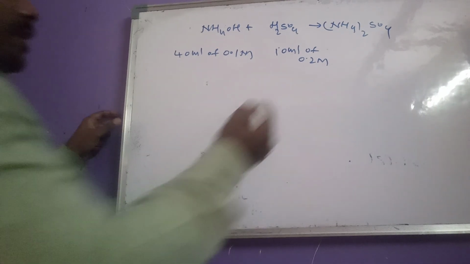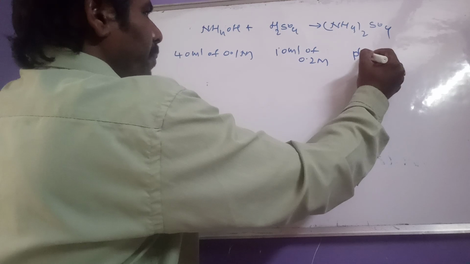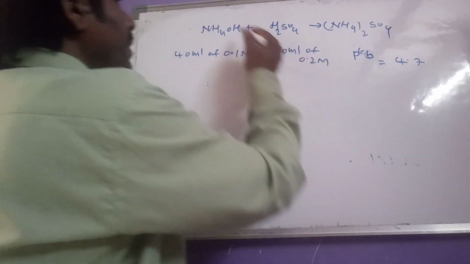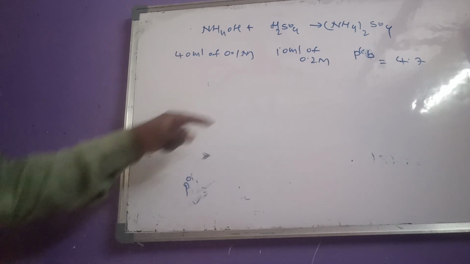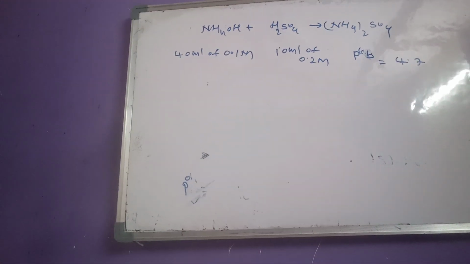Now for example, if pKb value is 4.7 for NH4OH, what is the pH of the buffer solution obtained here?